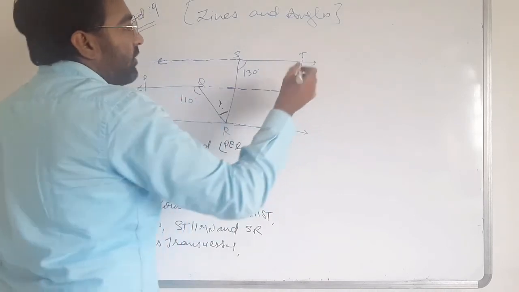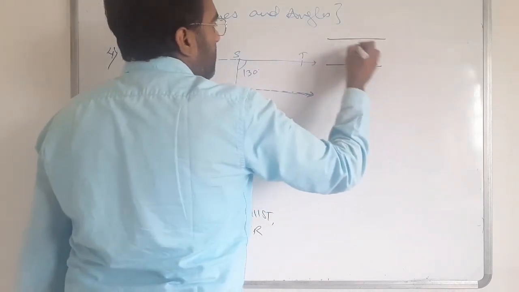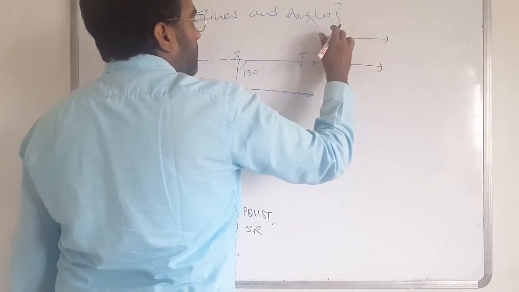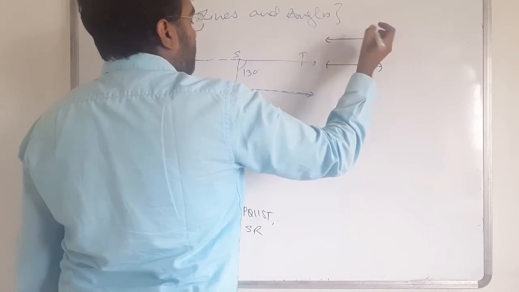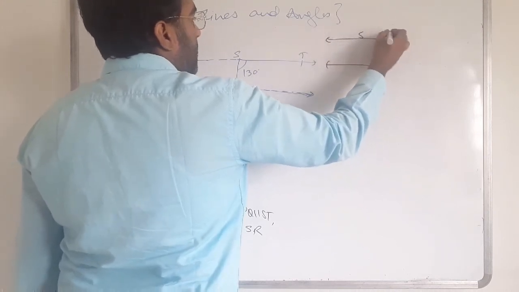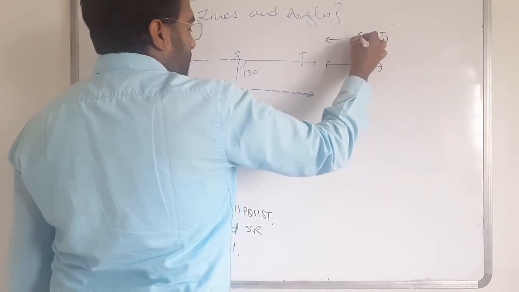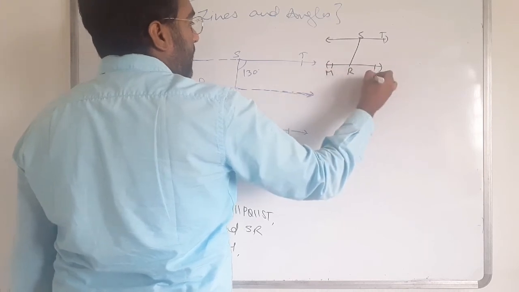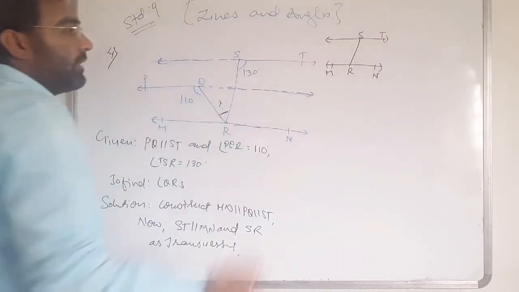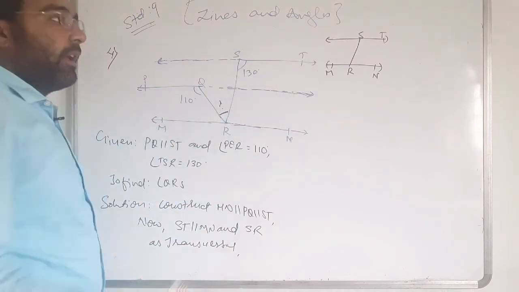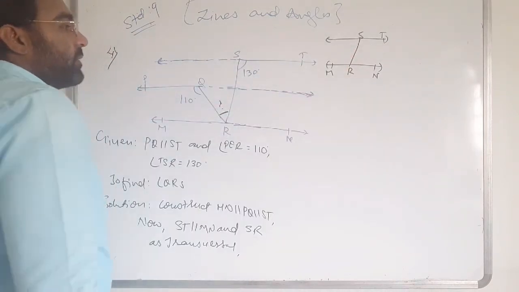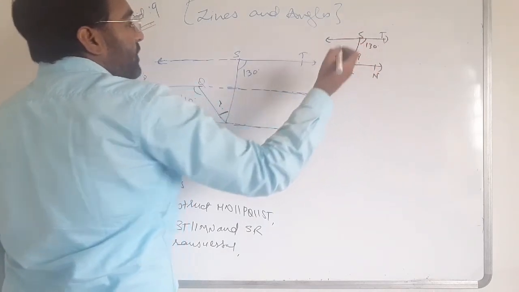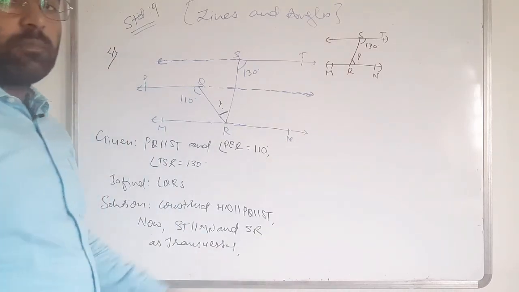So the figure formed is like this: here is my S and T, and this line is R, and this is my M and N. Now lines ST and MN are parallel to each other, and SR is the transversal, therefore here the 130 degree angle is formed. So first of all we have to find this angle.